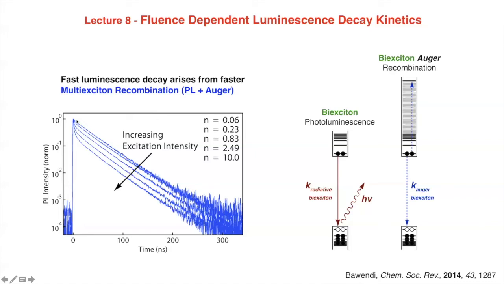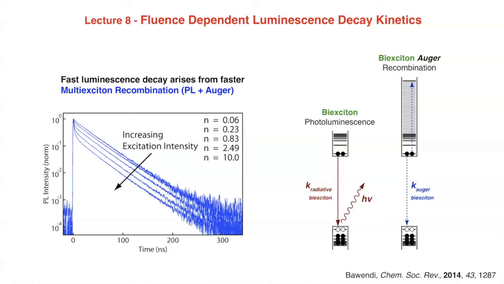This is a signature of Auger recombination. In this experiment, as you're increasing the excitation intensity or the fluence, you're making higher and higher concentrations of biexcitons, and those biexcitons are recombining very rapidly by doing Auger recombination.